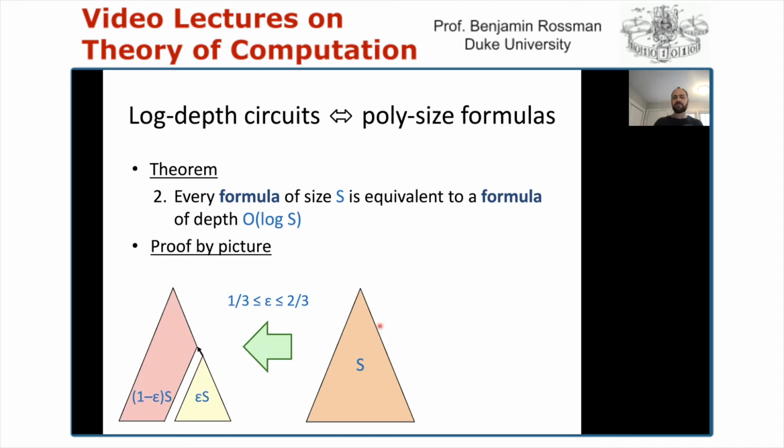And to see this, it's very easy. A formula, after all, is a binary tree, a rooted binary tree. So start at the top, and we're going to consider a walk down the formula, where at each point you descend to the larger of the 2 subformulas below you. And the claim is that, well, at some point we have to reach a subformula of size between 1/3 s and 2/3 s.